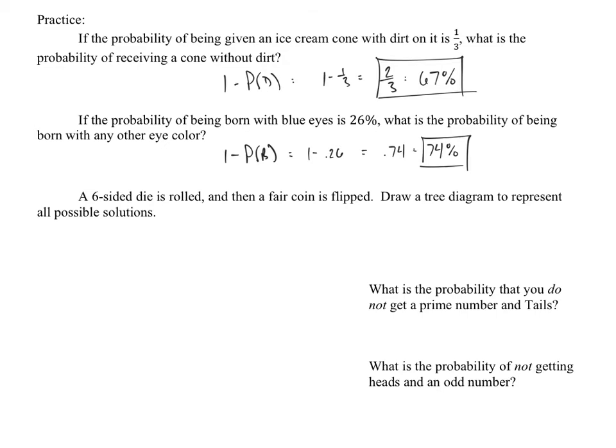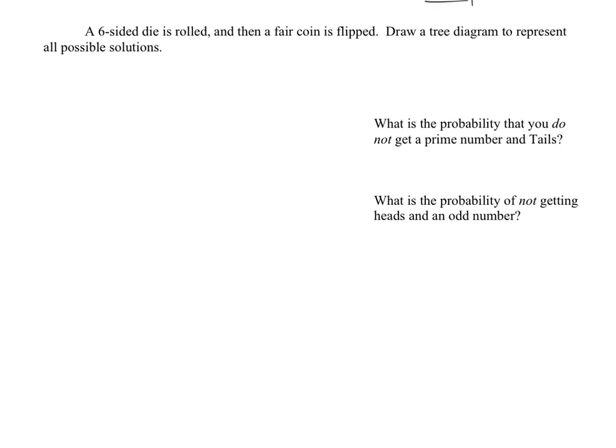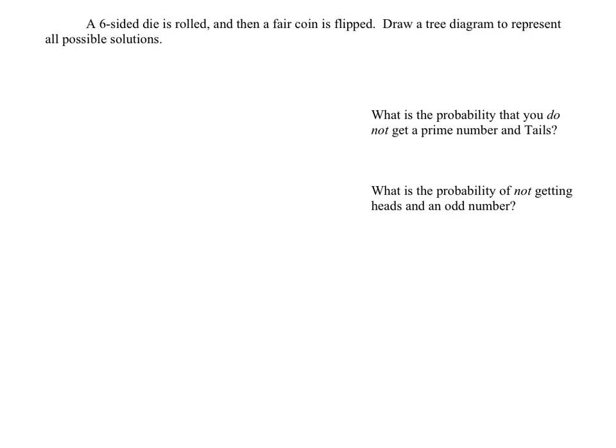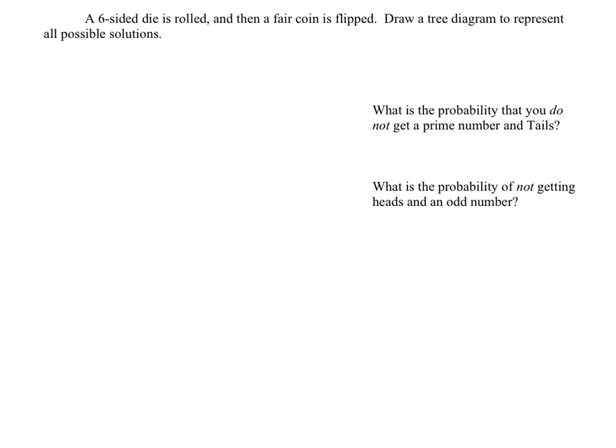And the last thing we're going to do is deal with a 6-sided die. It's being rolled, and then a fair coin is flipped. So this is practice drawing those tree diagrams. So first we're going to draw to represent the situations that could take place after the 6-sided die is rolled. You could have a 1, a 2, a 3, a 4, a 5, or a 6.